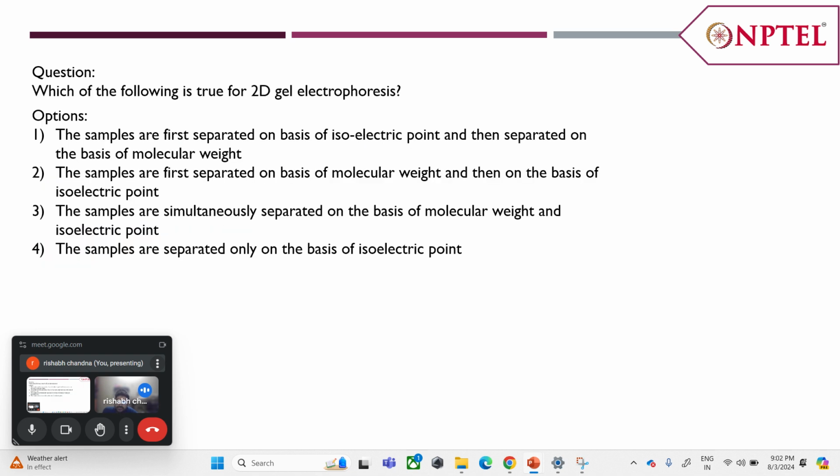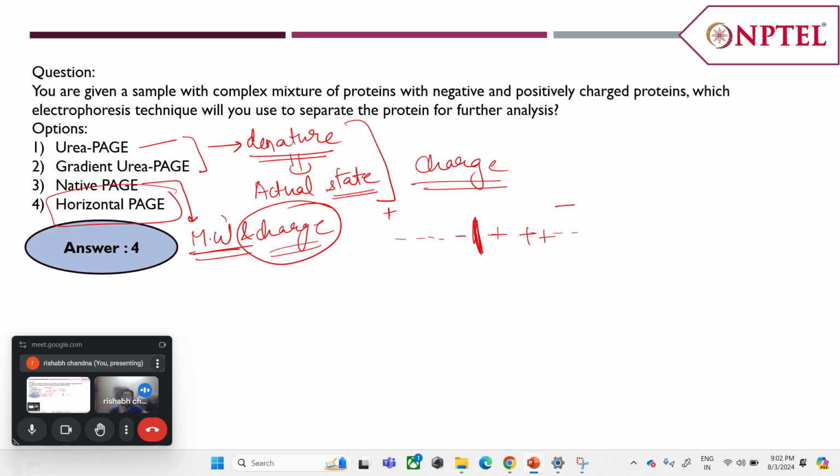Okay, so moving on to the next question. So in 2D electrophoresis, in case of native PAGE, the proteins are basically separated on the basis of their molecular weight and the charge. But for these proteins in the question, the charge is different.